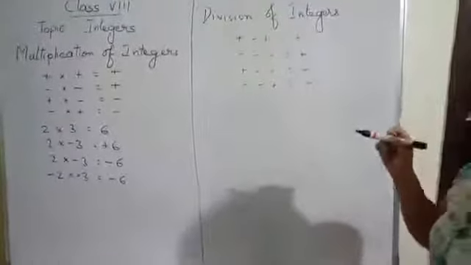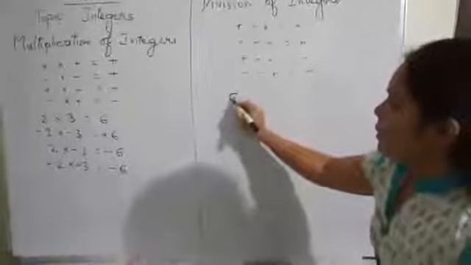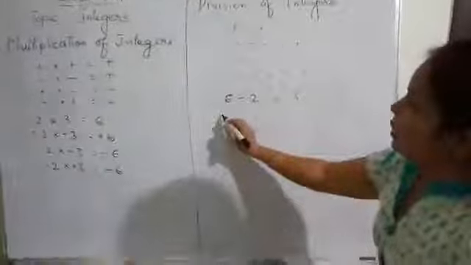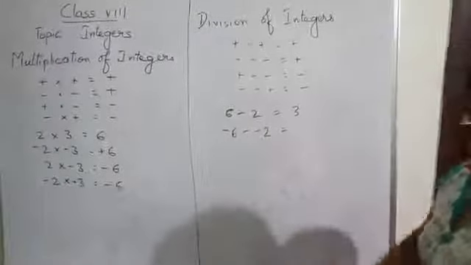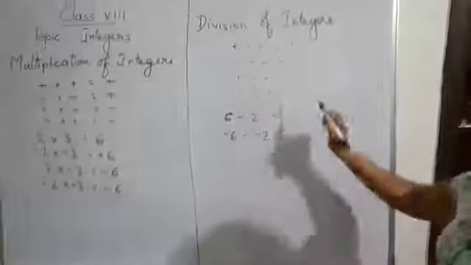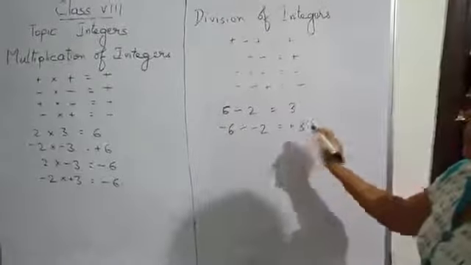Let us take an example. 6 divided by 2, both are positive. 6 divided by 2 is 3. Both take negative now. Minus 6 divided by minus 2. Both negative numbers, when you divide you get a positive. So plus and 6 divided by 2 is 3.